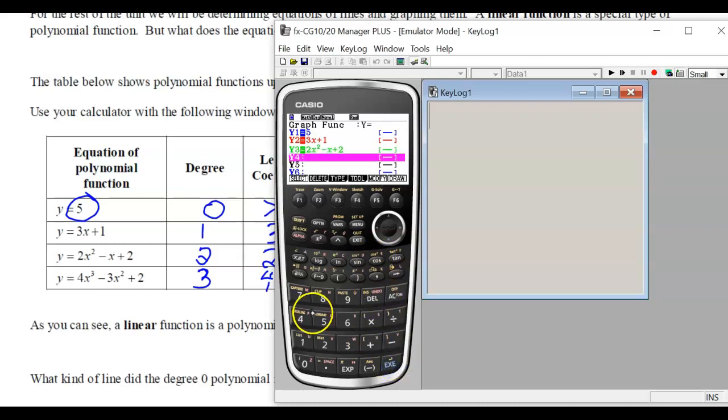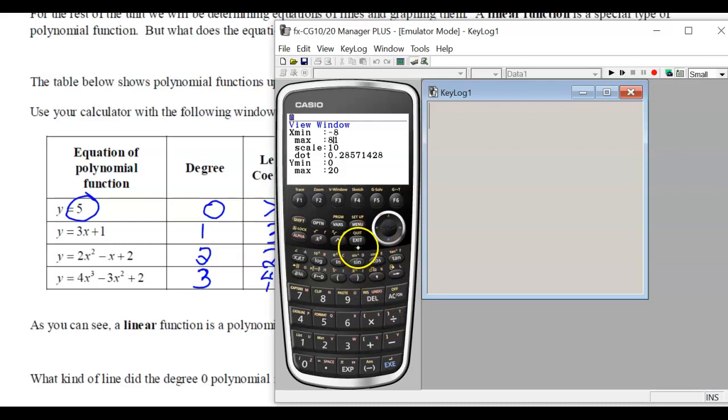Okay, and then enter on that, and if you're in the Casio, then for Casio window settings, what did we say? -8 down to 8 up by 1.